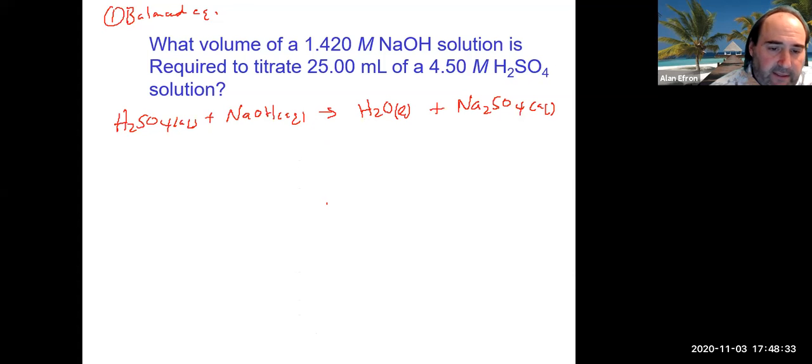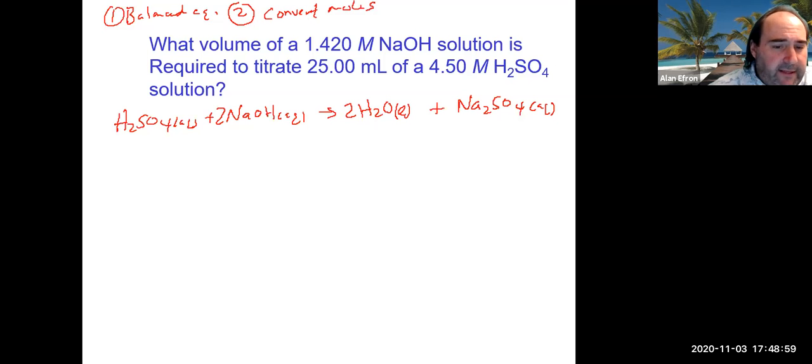And it looks like we need to put a 2 here in front of our sodium hydroxide, and we might need a 2 over here in front of our water as well. So it really is just like a basic stoichiometry problem. We're starting with our balanced equation. The next thing, just like a normal stoichiometry problem, is we want to convert to moles.